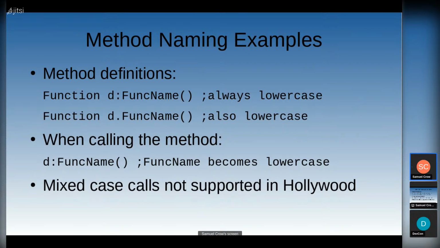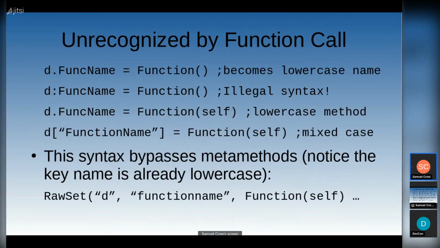Since the function calls are required to be lowercase, assigning them back to their key names needs to be done properly. The first one is a lowercase function, but not a method because it doesn't pass the self parameter like the third one. The second tries to use a colon notation on a variable name, which doesn't work.